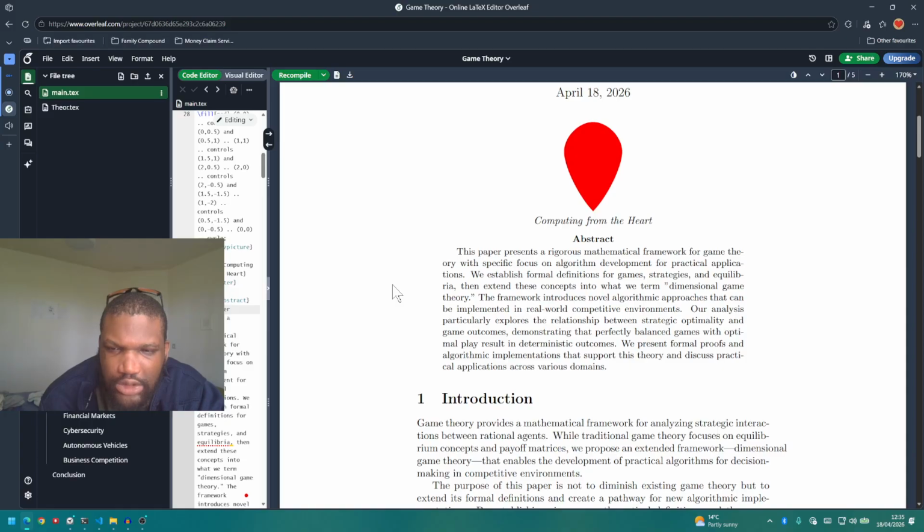Analysis is basically of the relationship between strategy optimization and game outcomes, demonstrating the balance between optimal play and deterministic outcomes, which supports both theory and practice. So I'm saying here that we have real world games, perfect games that resolve to a determined outcome.